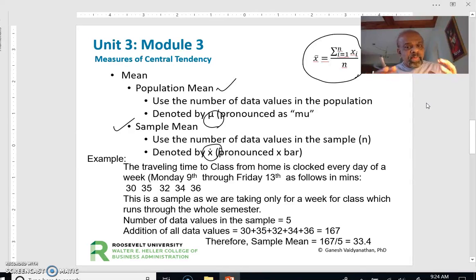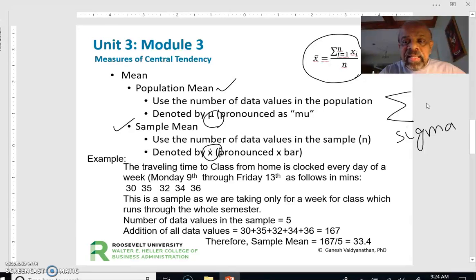Now, don't get scared about this formula. It's actually very simple. So let me try to explain this formula first, and then we can go from there. This formula basically has one symbol, which is called sigma. Sigma is a Greek letter for addition. That's all it means. Okay.